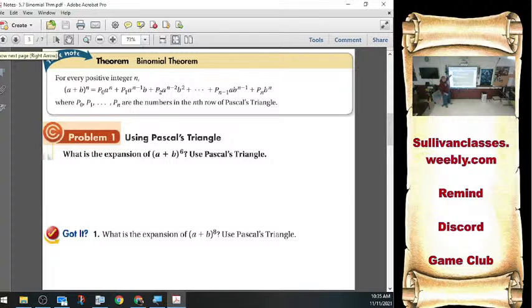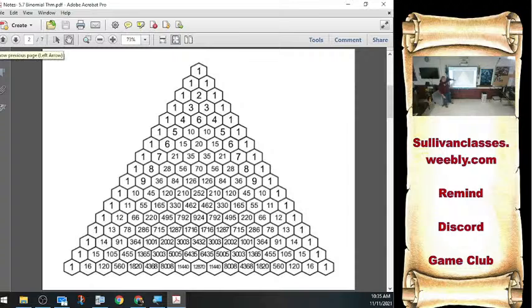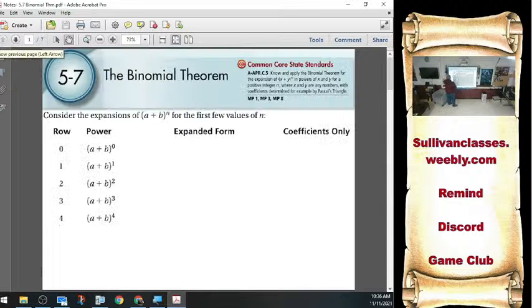But with Pascal's triangle, since this is a 6th expansion, I'm going to go to the 6th row of Pascal's triangle. And I'm going to write down those coefficients with a bunch of parentheses after them.